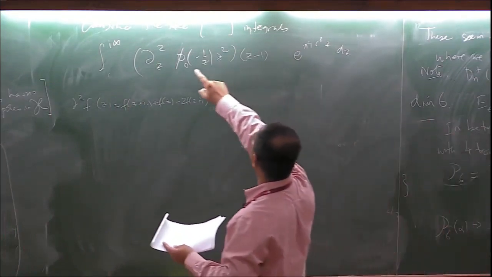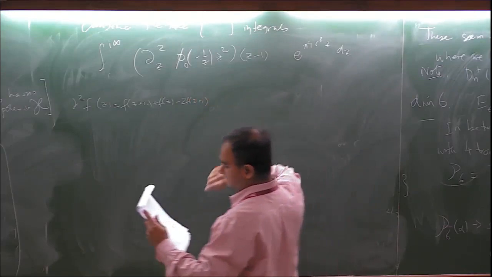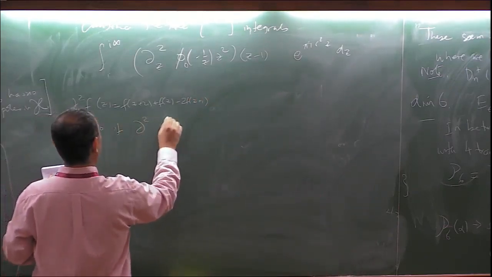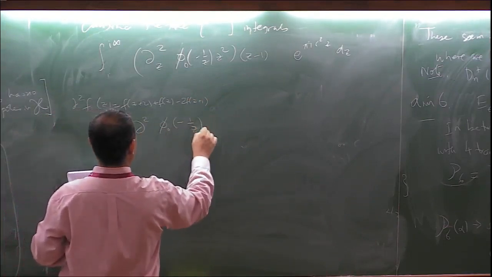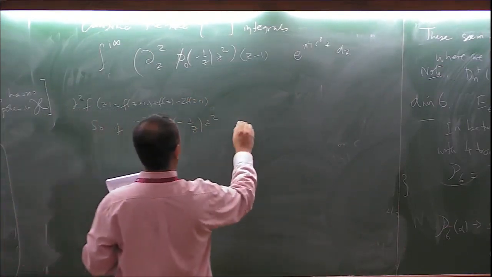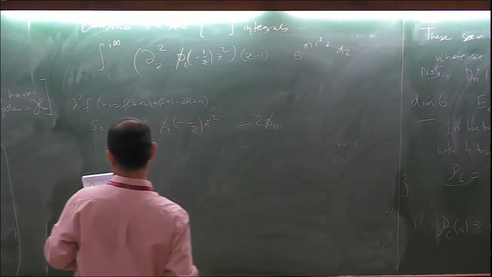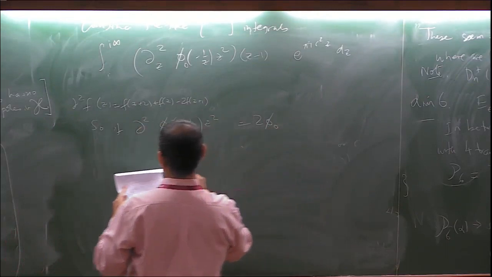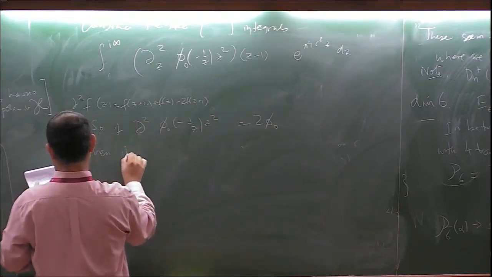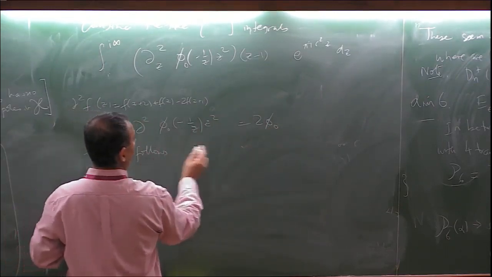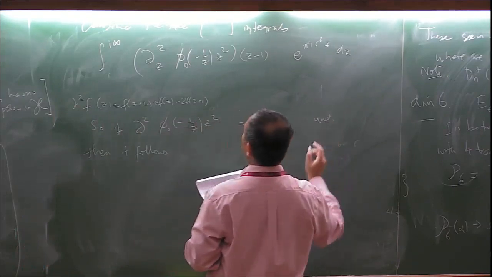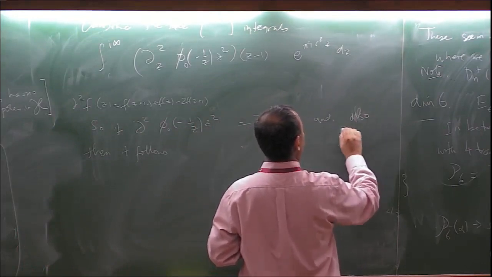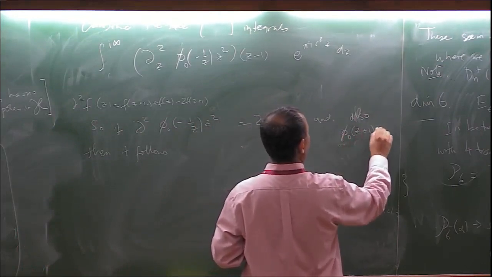And the point is, this thing now has to satisfy a certain property. So if delta squared of phi 0 of minus 1 over z, z squared, whatever this function is, equals 2 phi 0, this is what we're going to postulate, then it follows, and also phi 0 of z plus 1 equals phi 0.